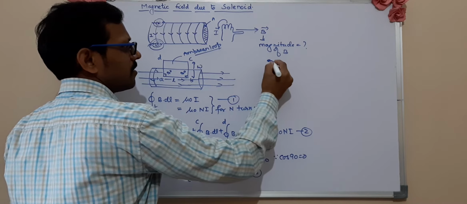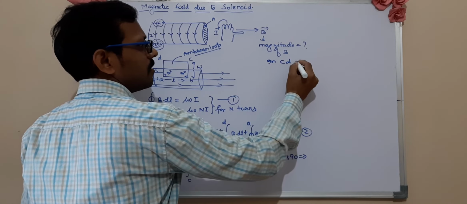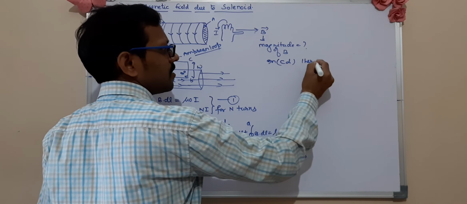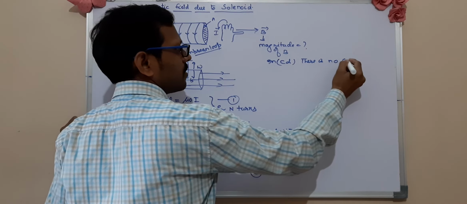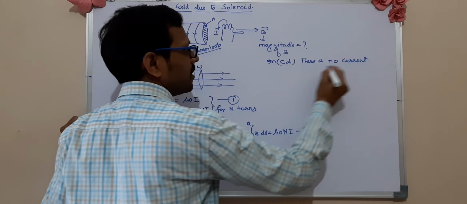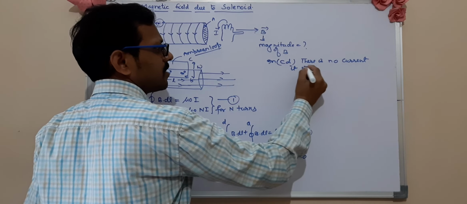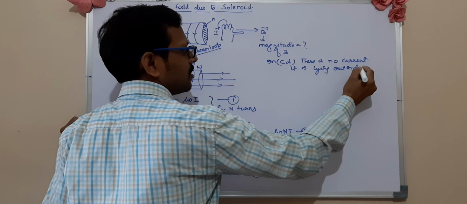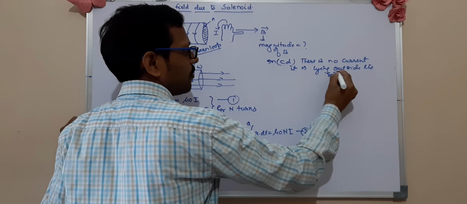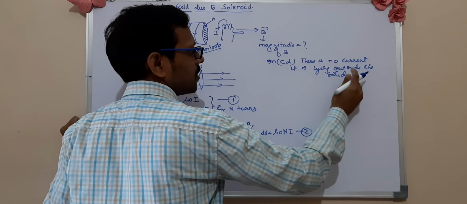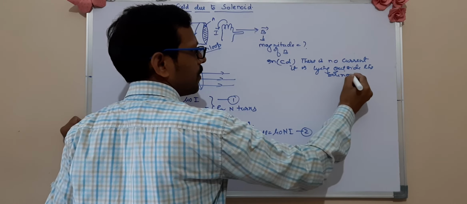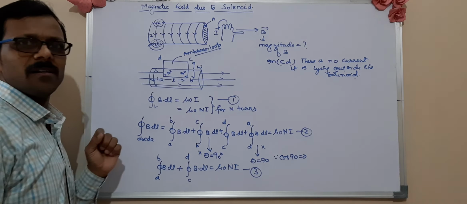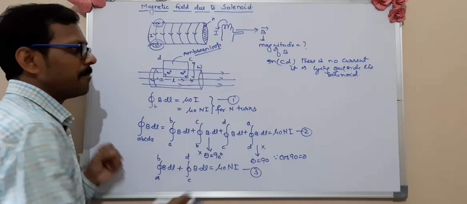So in CD of the Amperian loop, there is no current flowing and it is lying outside the solenoid. Therefore, there is no magnetic field due to this arm CD of the Amperian loop.